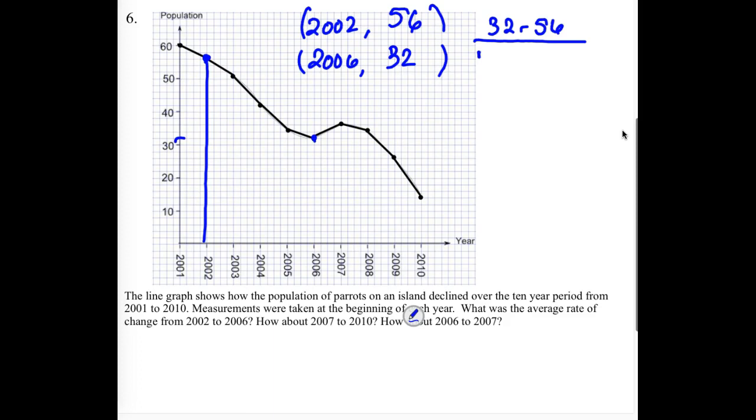What order? 2006 minus 2002. So denominator is what? 4. Numerator is what? (32 minus 56). Negative what?